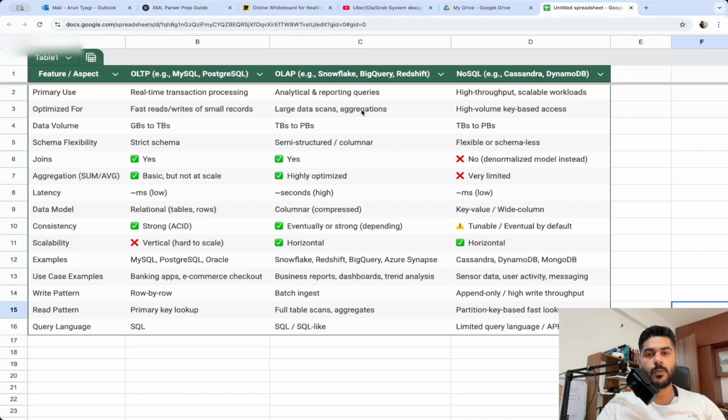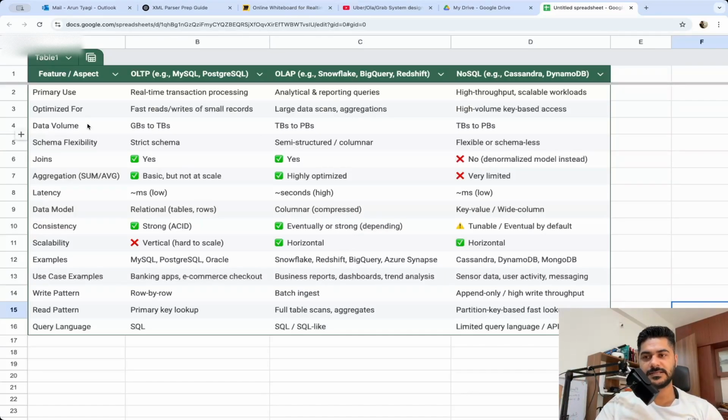And when you need aggregation on that large data, that is where OLAP will come into the picture. And NoSQL, when you have high volume but key-based access, you should always know for which key you are trying to get the data and for which key you are trying to write the data. Only then are these optimized.